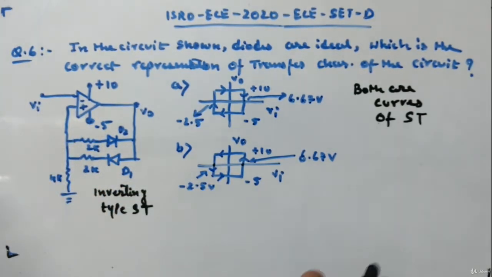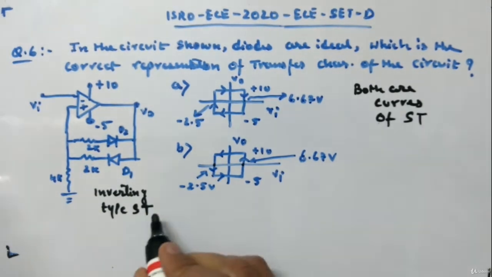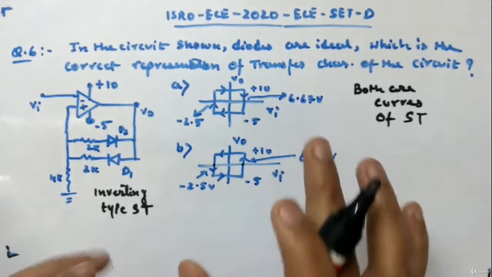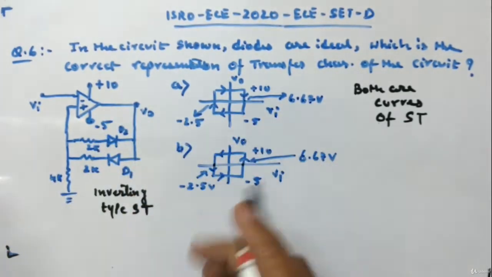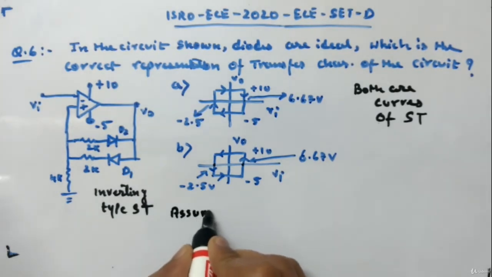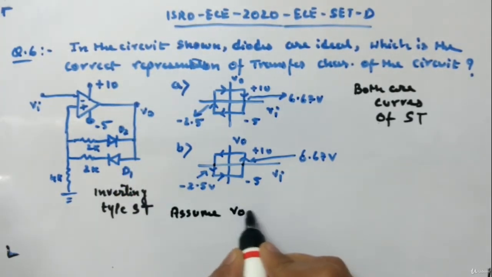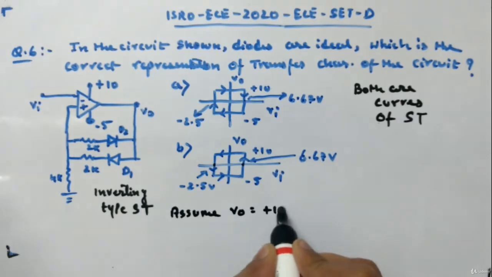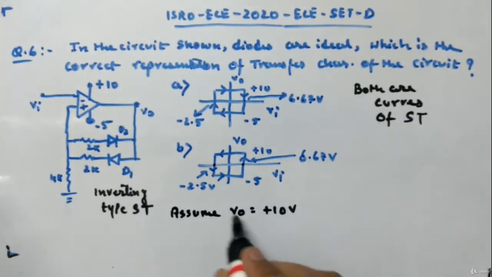Now just see, I have to check the direction only. So how am I checking? Assume your V0 is plus 10 volt.